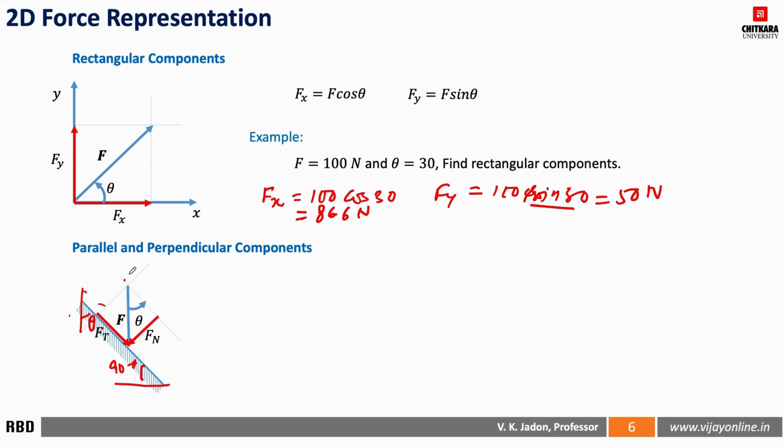This is parallel to this, and this vertical line is parallel to the force. So for this particular case, if this angle is given, then Ft is F cos theta because theta is defined with reference to this line, and F normal is F sin theta.